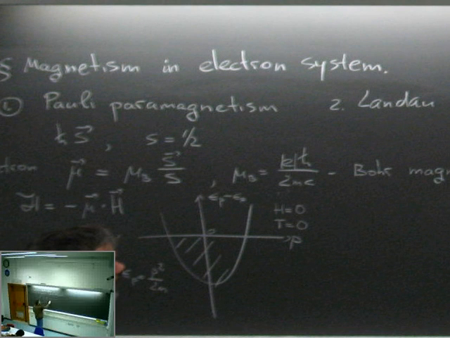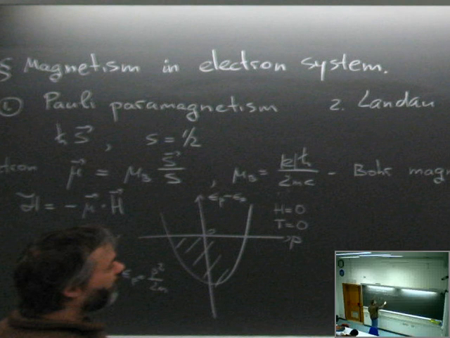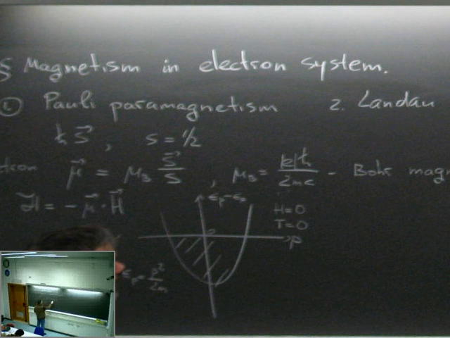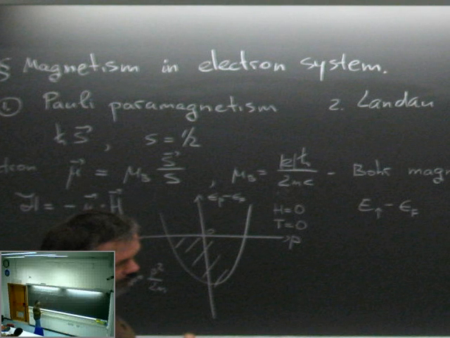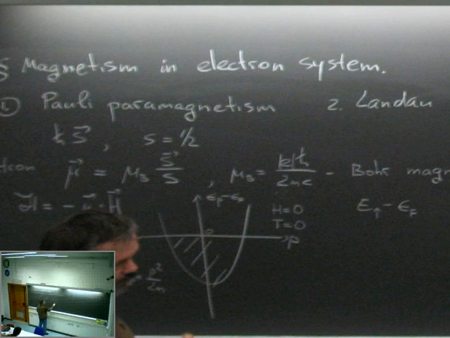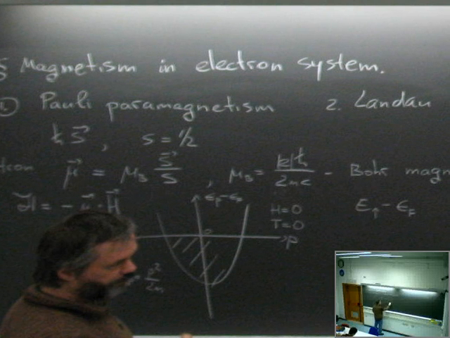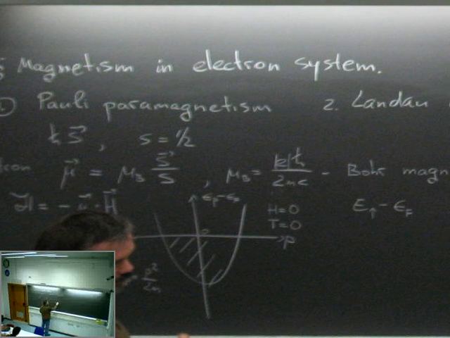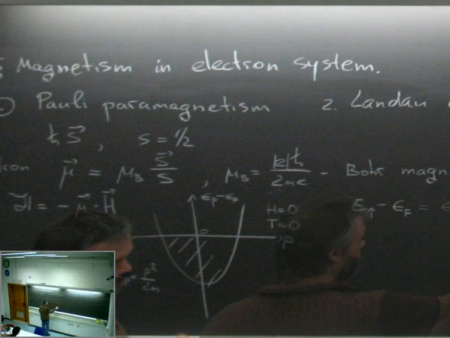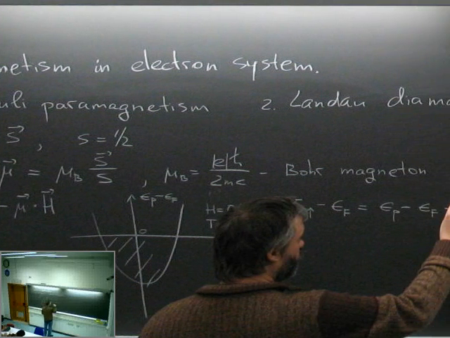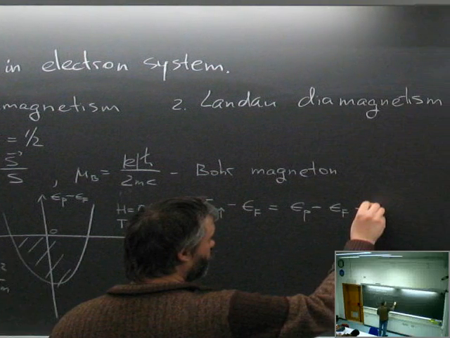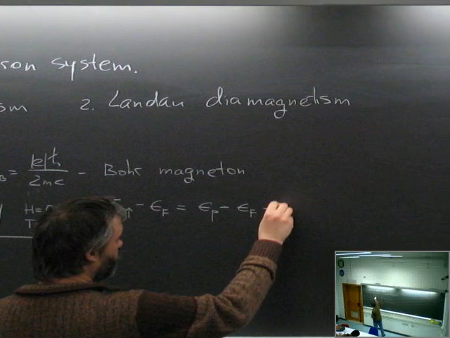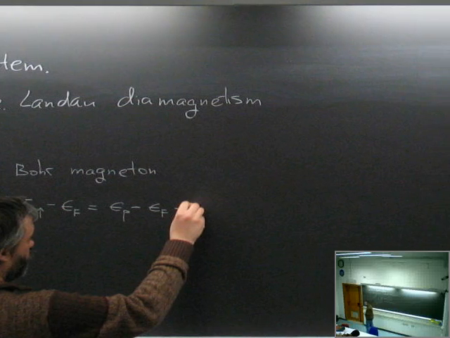Okay, what is the energy of the up component? It is the energy minus ε_F for up, which is equal to ε_p, which is p squared over 2m, minus ε_F minus μ_B H. So spin is equal to 1/2, and here we also have 1/2 for the Pauli matrices.